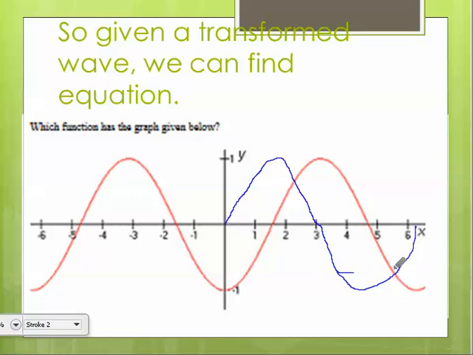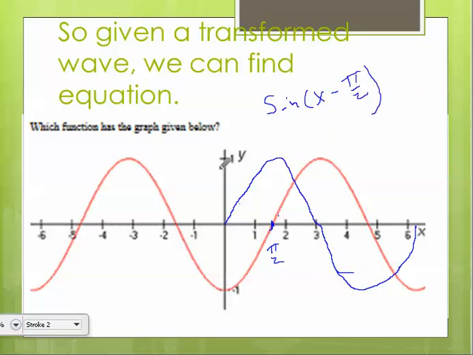So if I look at that and say, well, where did it go? It looks like it shifted all the way to there. That looks like pi over 2. So it could be that we have a sine of x minus pi over 2.